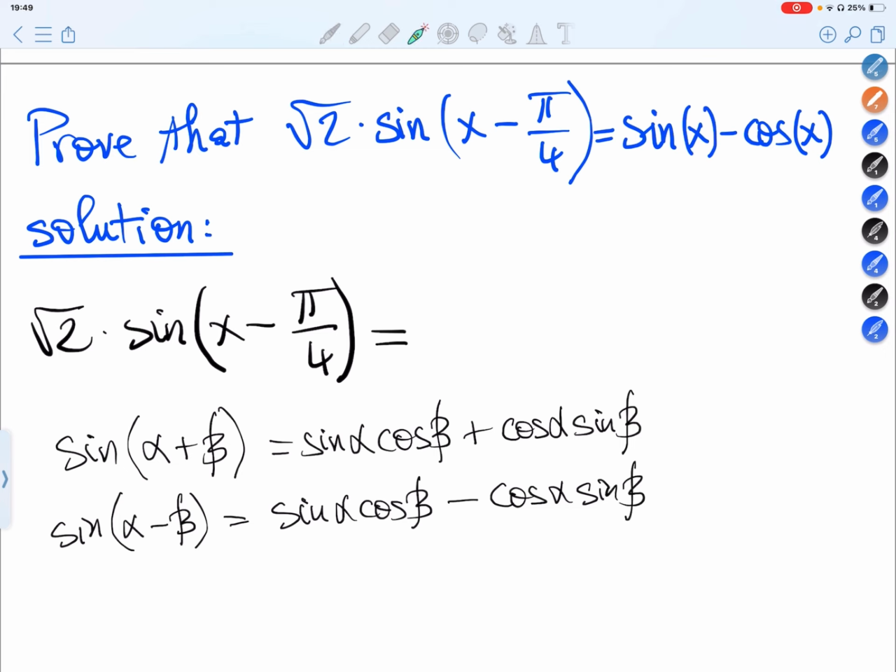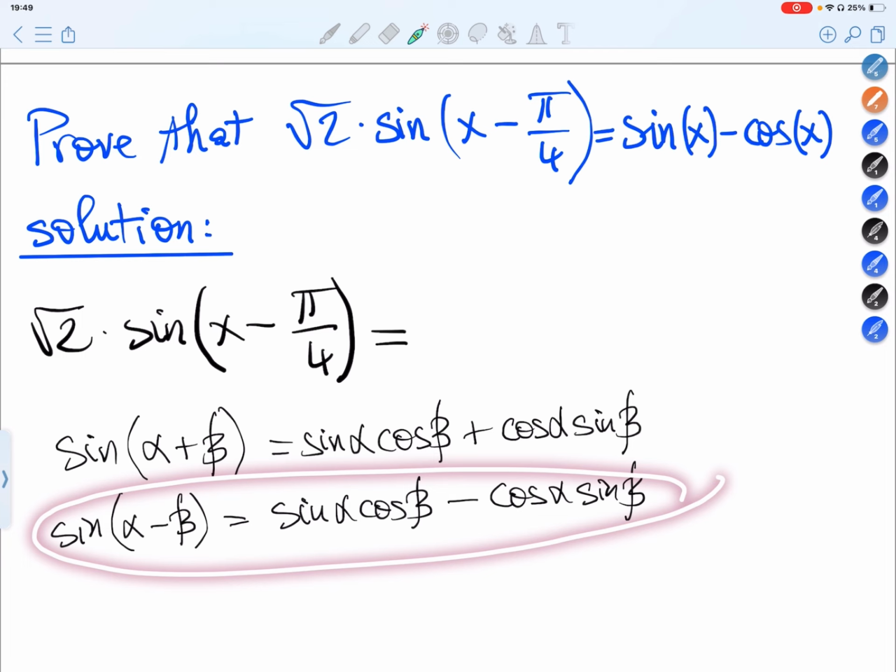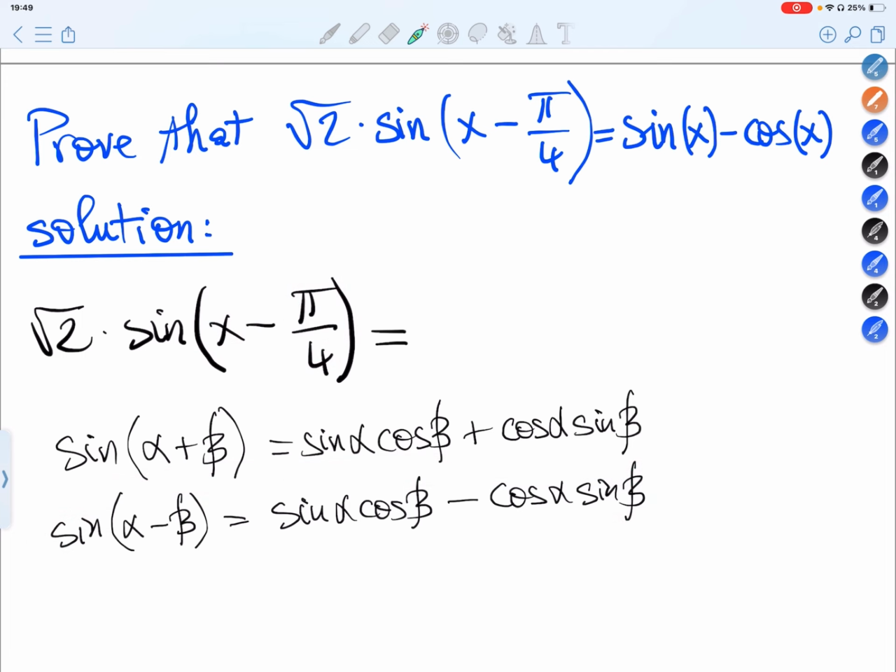Now we have x minus pi over 4, so we can consider x to be alpha and pi over 4 to be beta. So we're going to use this formula to write this in a different way.